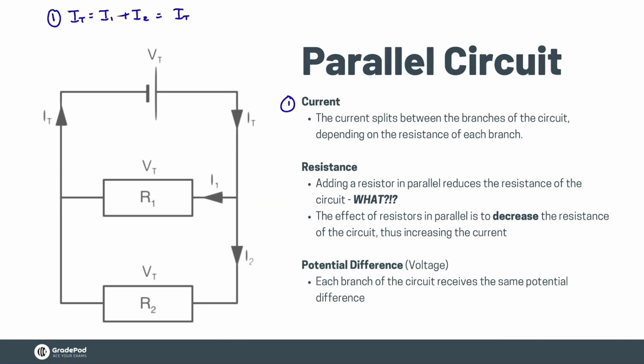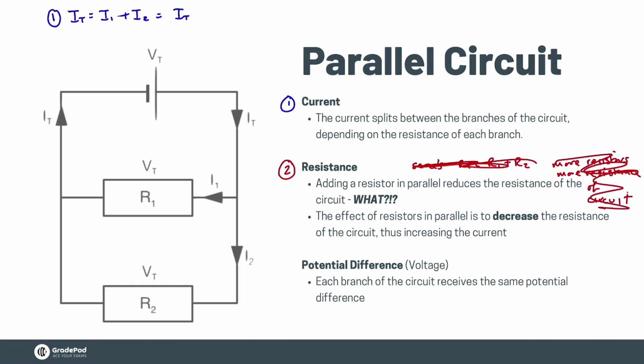The second thing we're interested in is resistance in a parallel circuit. Now, do you remember in a series circuit, the total resistance was equal just to all the resistors added together? And the effect was that the more resistors we had, the more resistance of the circuit. Well, that does not happen in a parallel circuit.